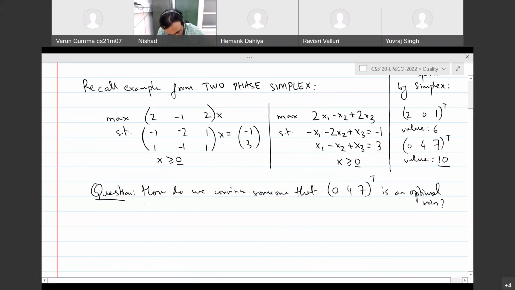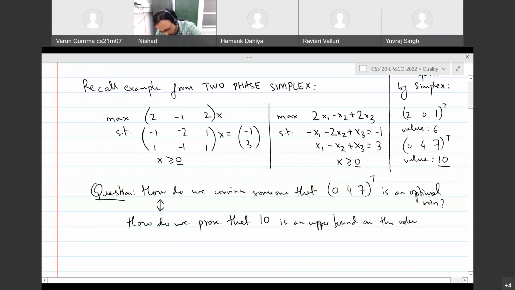So equivalently, how do we prove that 10 is an upper bound on the value of any feasible solution, right? Do you all agree that these are equivalent questions?